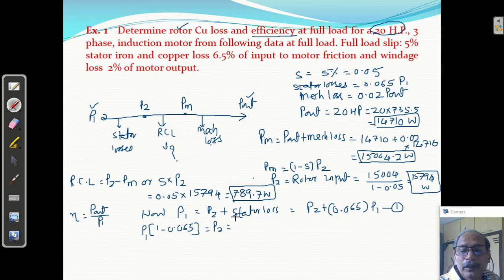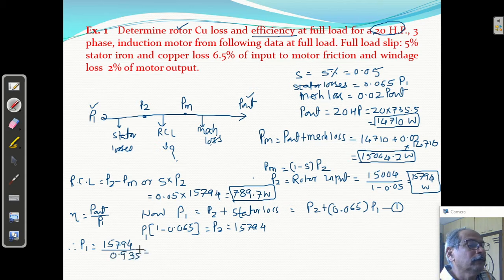And P2 we calculated as 15,794. So P1 equals 15,794 divided by 0.935.